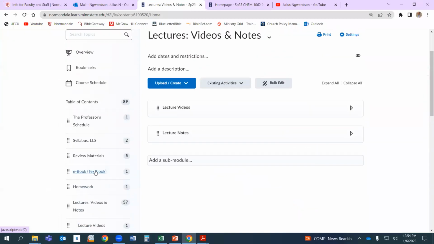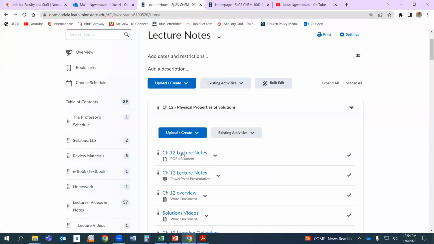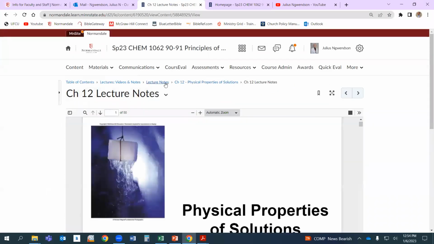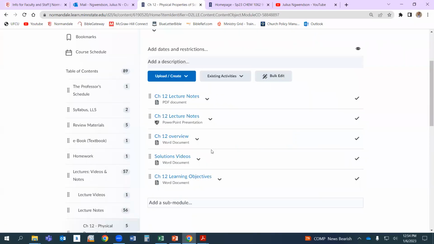So you go here to lectures, chapter 12 notes. You have the notes in PDF and you also have them in PowerPoint. I would suggest you print the PowerPoint because you can adjust the number of pages on each paper. You can print 4 pages so that you leave spaces, or you can even print 2 slides.